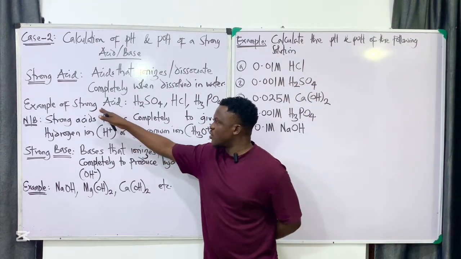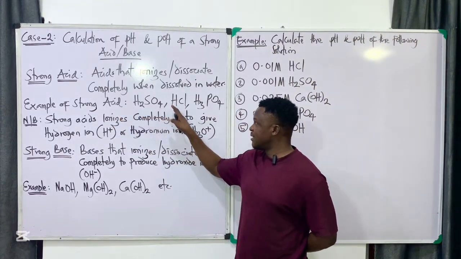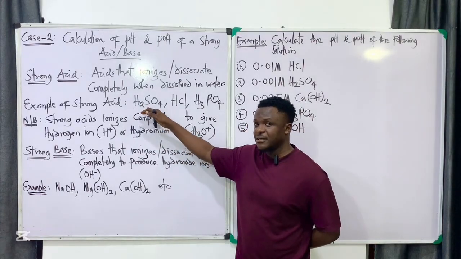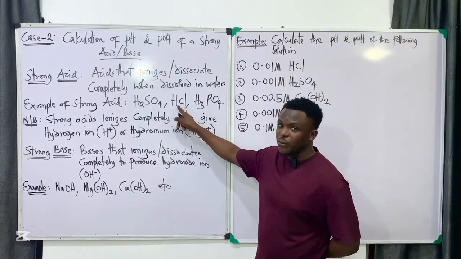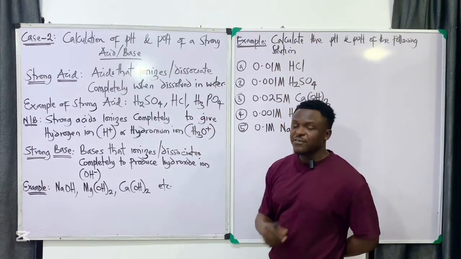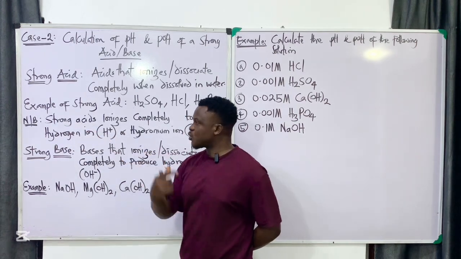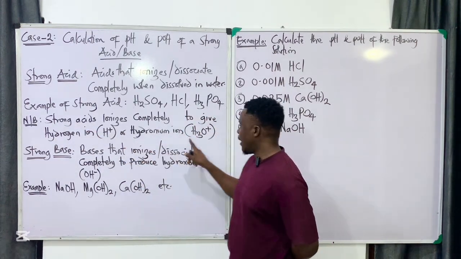Now, examples of strong acids, we have the common ones that we know: H2SO4, HCl, H3PO4. This is also known as sulfuric acid, this is known as hydrochloric acid, and this is known as phosphoric acid. Take note of that. And I went ahead to say, note, strong acids ionize completely to give H plus or H3O plus.